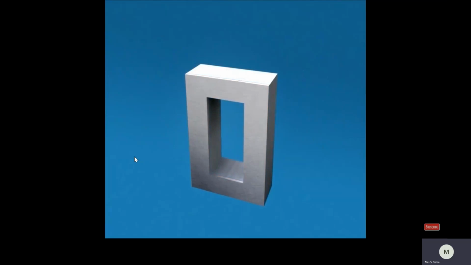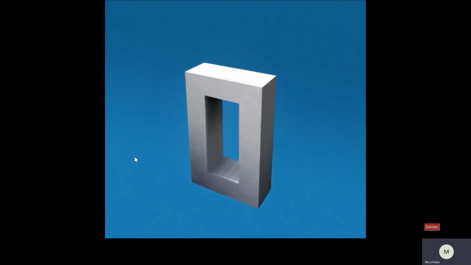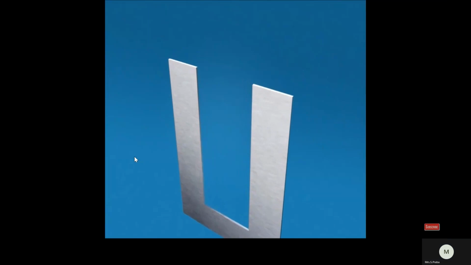Laminations are made up of highly permeable material, that is silicon steel. These laminations are assembled together to build a solid core. The resistivity of the steel sheet itself is high, and eddy current losses are reduced by making the laminations very thin.